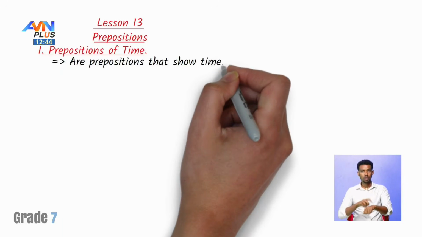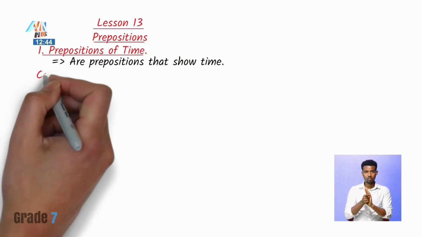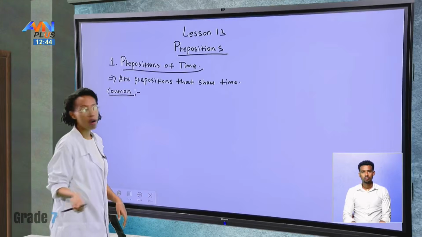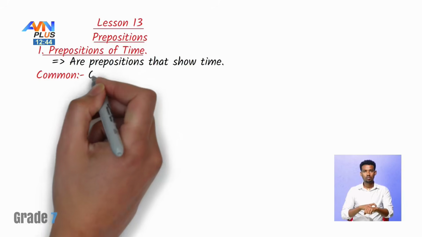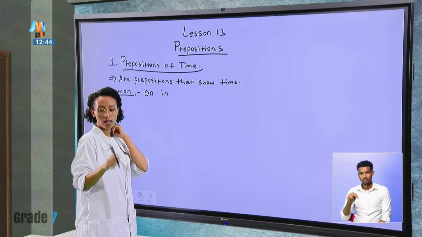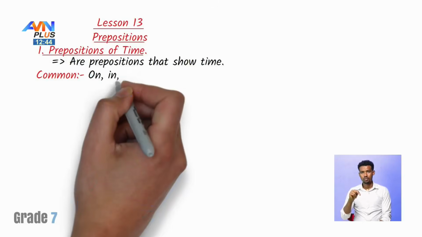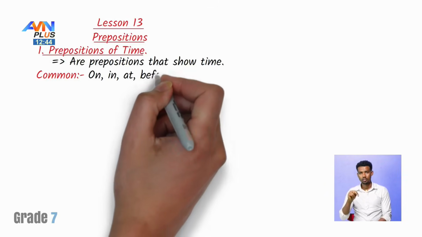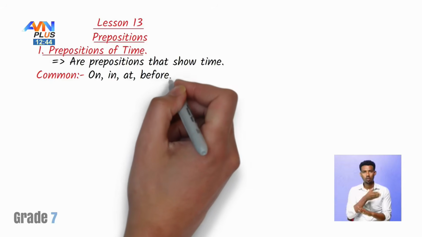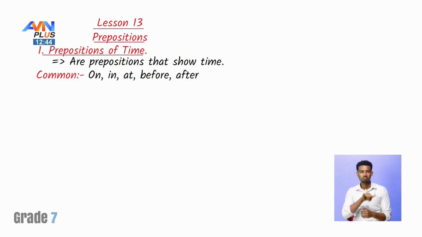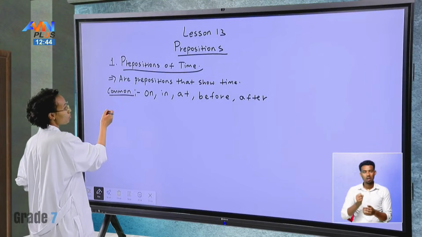For example, the common prepositions of time are on, in, at, before, after, and the like. We also have others, but these are the most common ones.